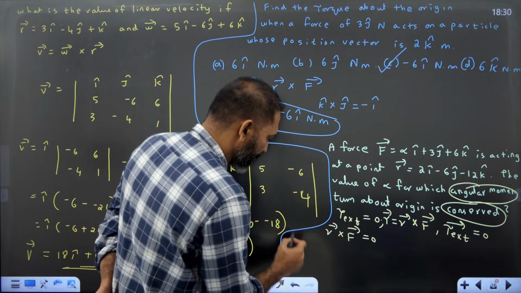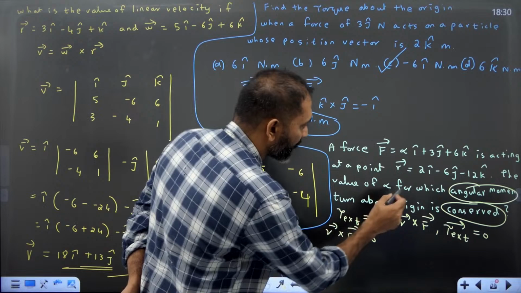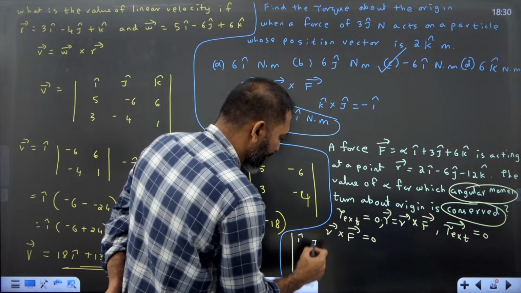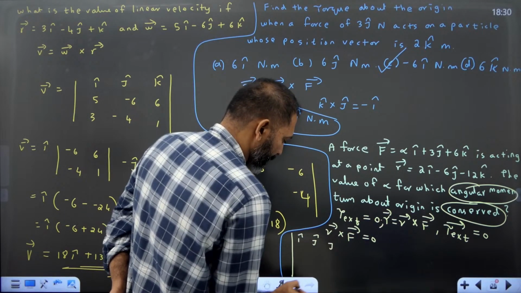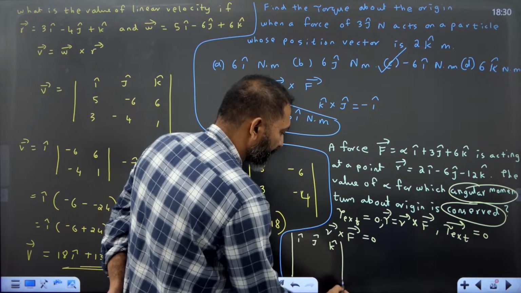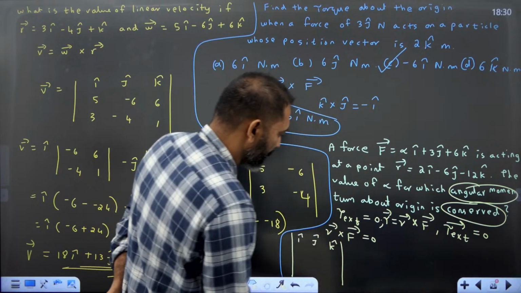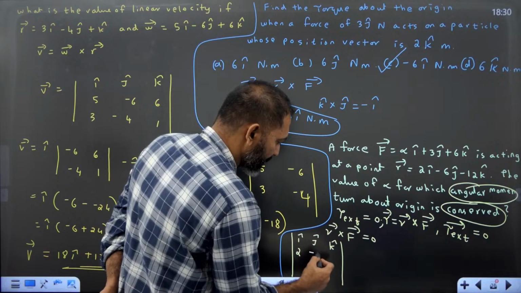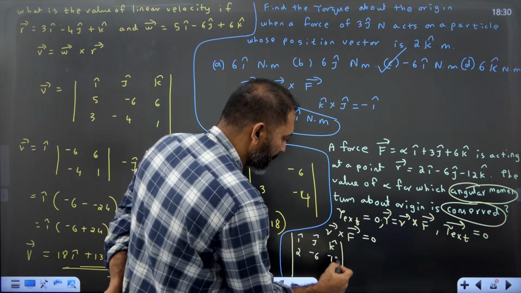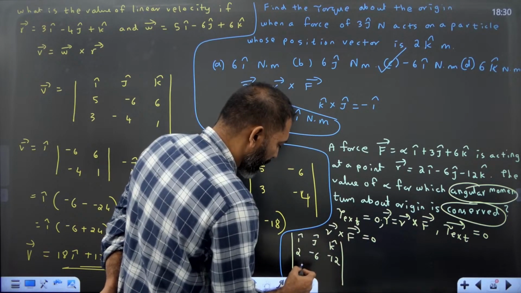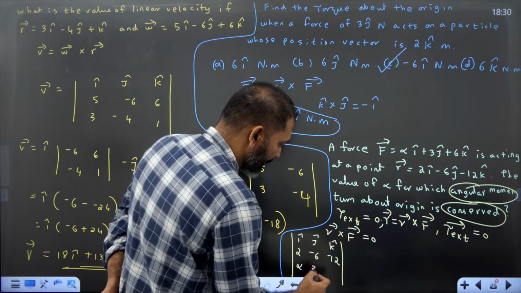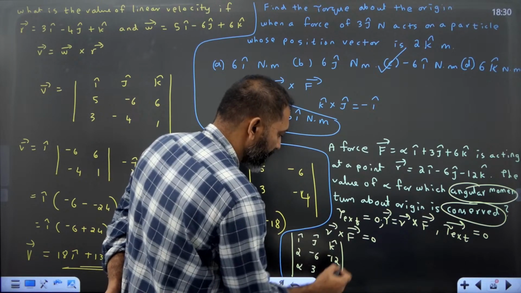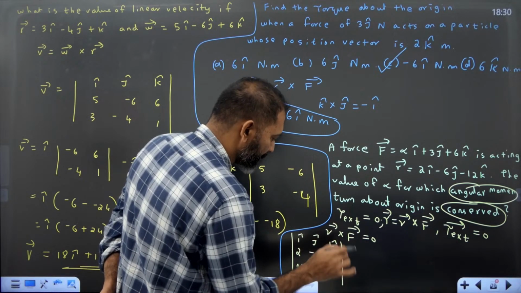What is R vector? 2I cap, j cap, k cap: 2, minus 6, minus 12. F vector is alpha, 3, 6. Its cross product should be 0.